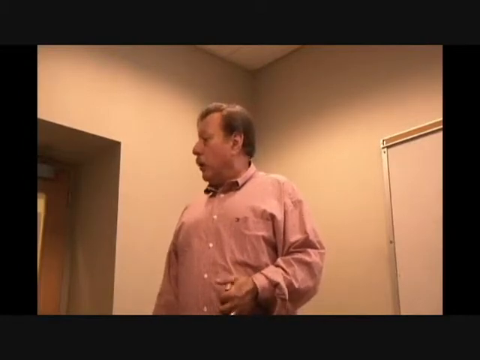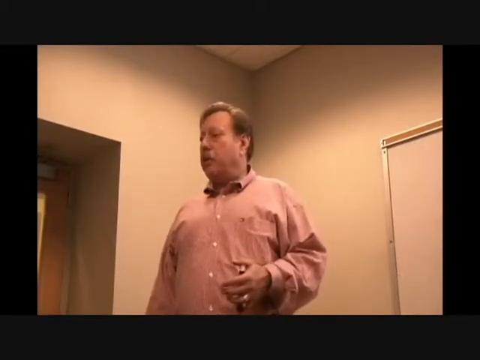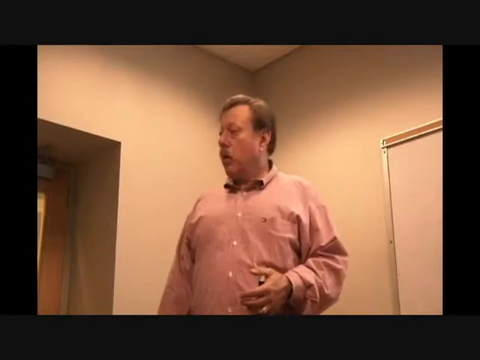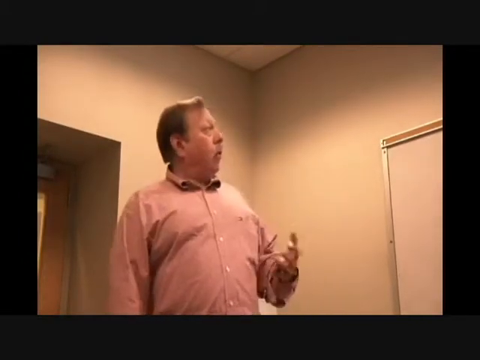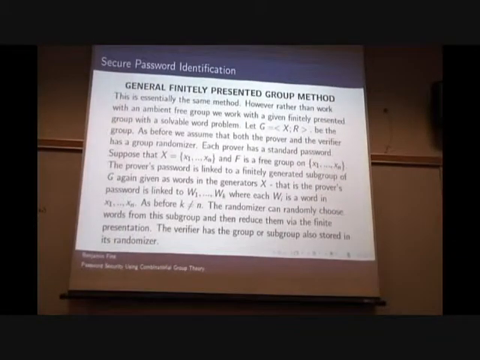They give you a word in the finitely presented group, a random free group word, and you rewrite it in the normal form of your particular group and send it back, and that's what's checked. In that case, you have to assume in group theory language that the group you give out is automatic. However, there are infinitely many choices for challenge groups.